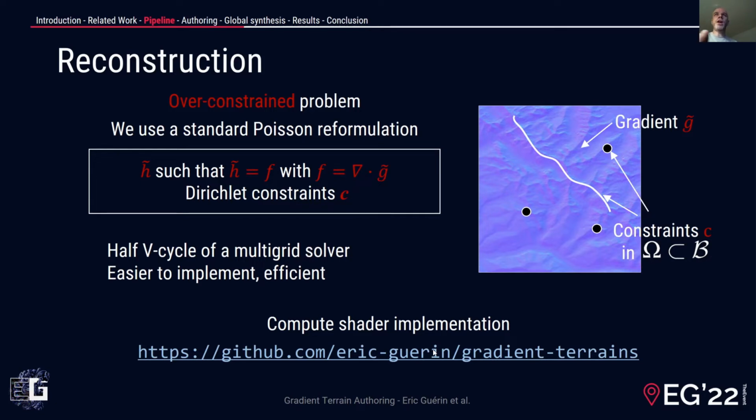We compute the divergence of the gradient field and use it as the target Laplacian of H. We combine this differential equation with direct constraints that we can set anywhere on the grid, not only on boundaries. We implemented a fast and efficient solver that can be seen as half of a V-cycle in a multi-grid algorithm. Note that our compute shader implementation is available on GitHub.